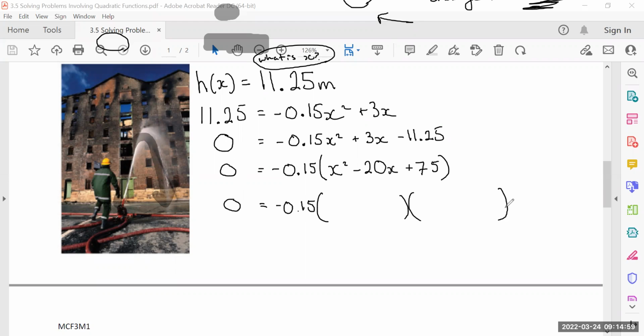I need two numbers that will multiply to a positive 75, but add to a negative 20. I'm going to wait on you for this one. I think you can figure it out.